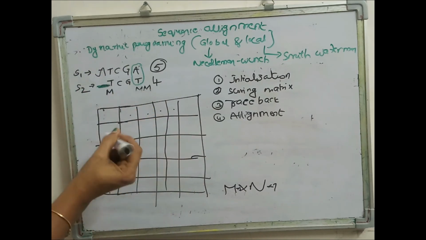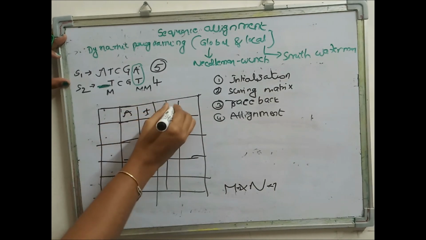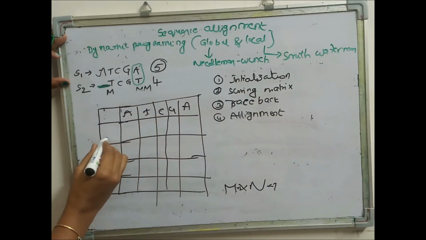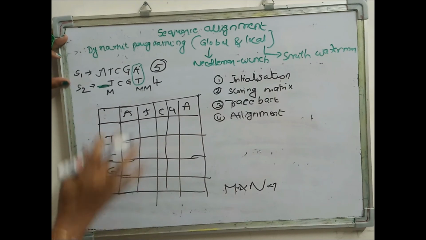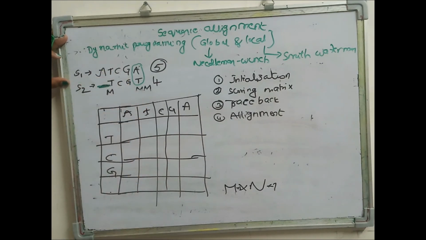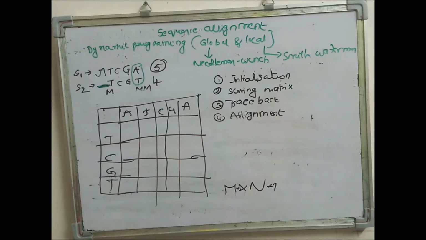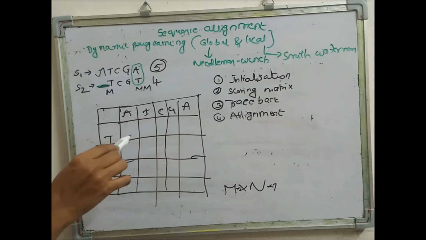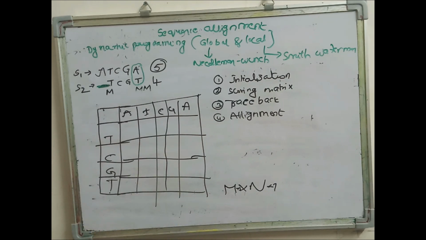We will fill all the matrix wherever a match comes, and then we will do the trace back and alignment. This is dynamic programming. In the next lecture, the Needleman-Wunsch algorithm and Smith-Waterman algorithm with example and solution will be shown.